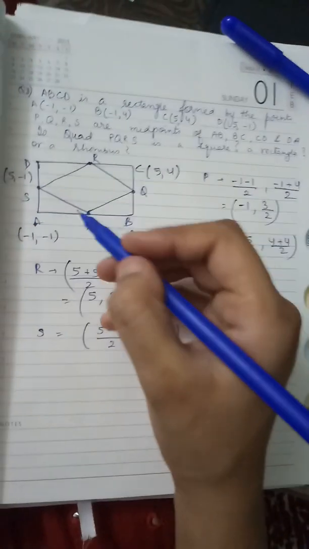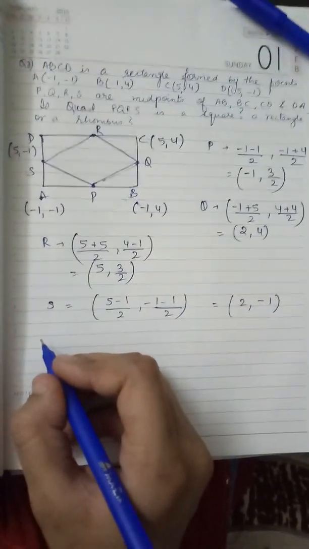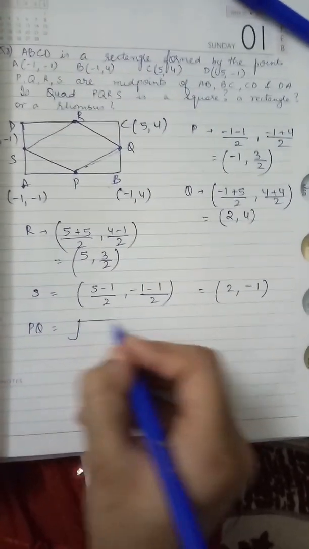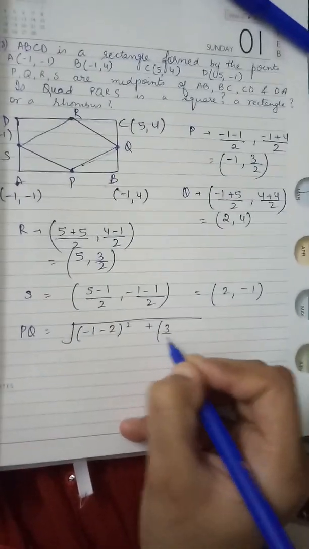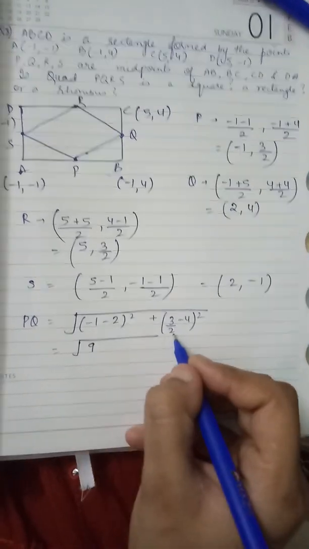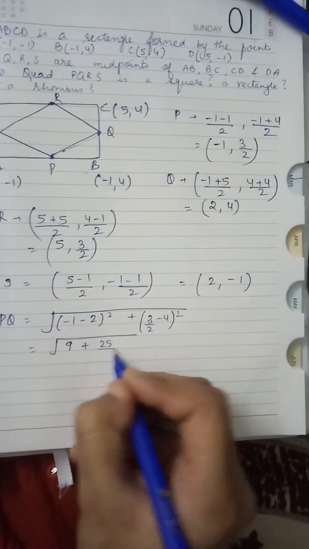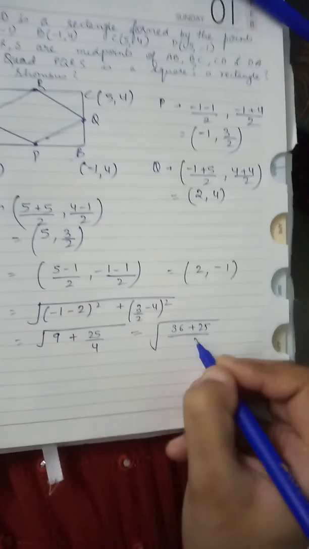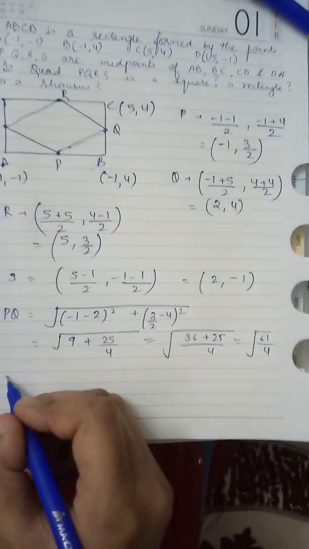Now if we find the distances PQ, QR, RS and PS, we will be able to find out if it is a square, rhombus or rectangle. See, the distance PQ by the distance formula is the square root of ((-1 minus 2) whole square plus (3/2 minus 4) whole square), which equals 3 square is 9, 8 minus 3 is 5, so 25/4, which equals 36 plus 25 upon 4, under root of 61/4. Now find QR.